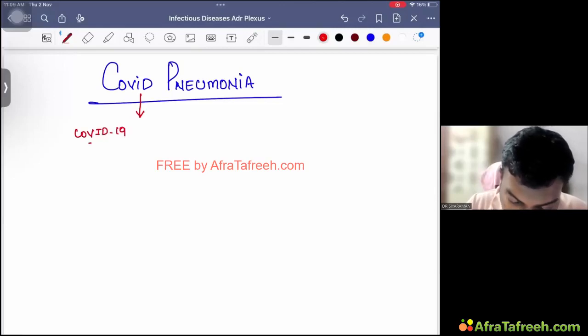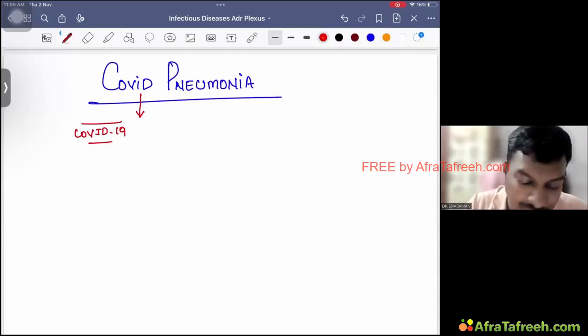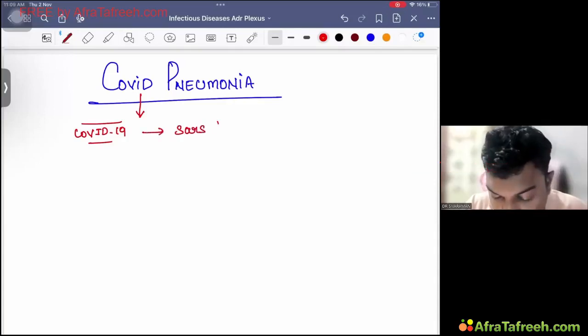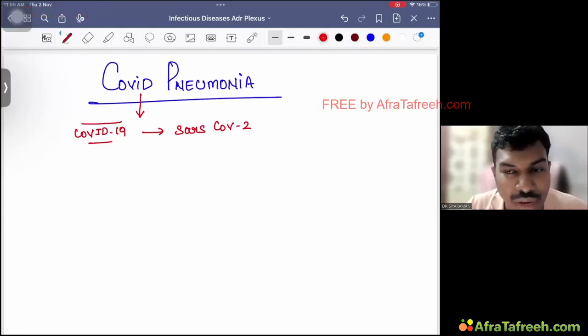This virus was identified in 2019, so it was named COVID-19, and it is caused by a virus called SARS-CoV-2. This disease was actually a nightmare for everyone.